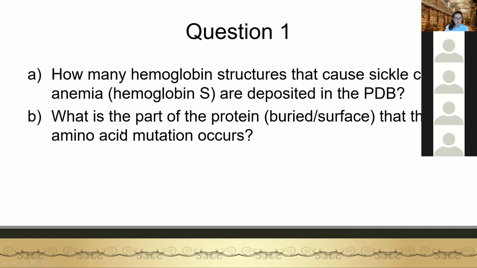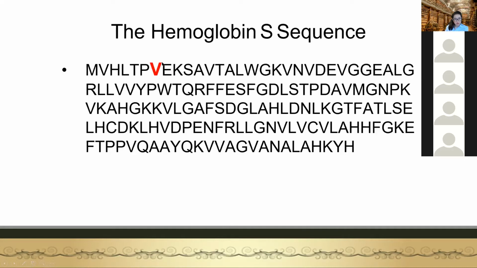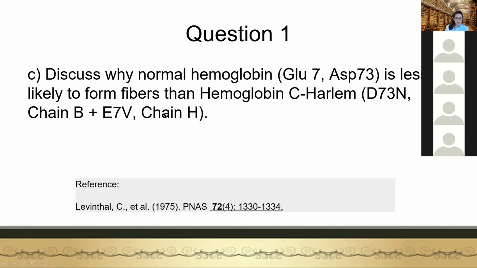And you can also do the homework. What is the part of the protein where this amino acid mutation from E to V occurs? And the assignment that measures how well you understand the lecture and how you can apply the knowledge into further understanding of the structural perspective is this question.